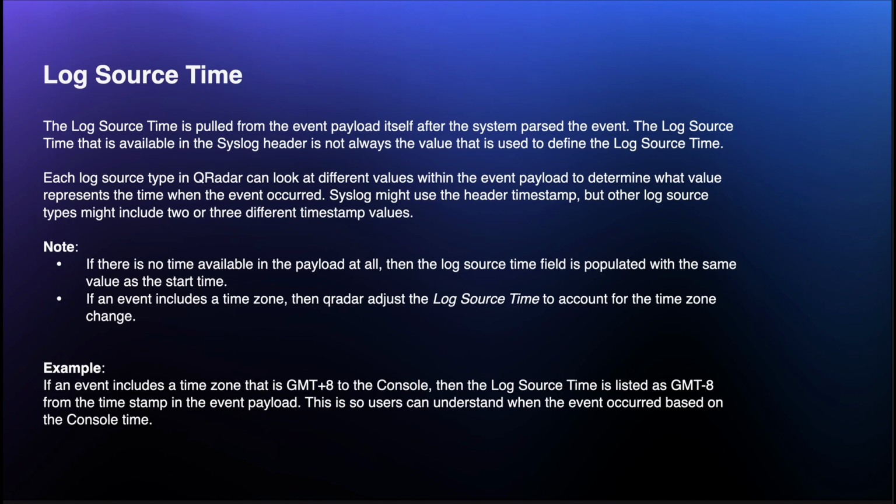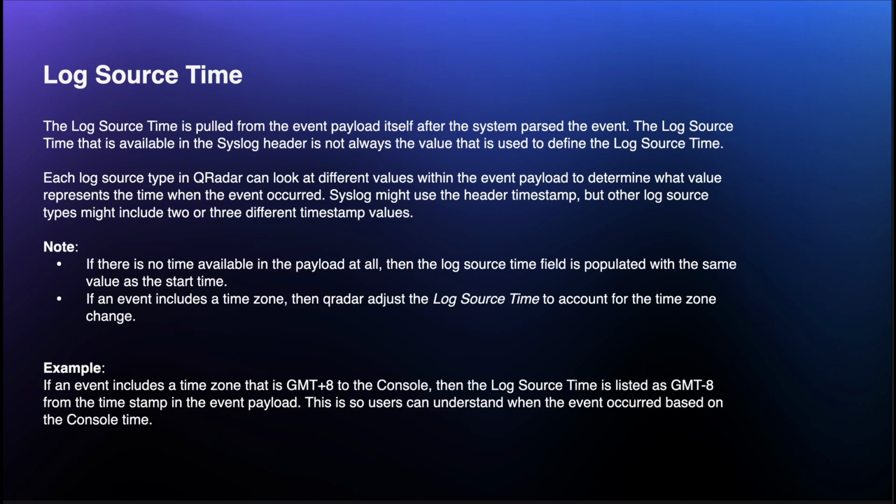Here are two points we need to take care of when we are checking the log source time. If there is no time available in the payload at all, then the log source time field is populated with the same value as the start time. When the event includes a time zone, QRadar adjusts the log source time to account for the time zone change. I'm giving an example so that we can correlate this.